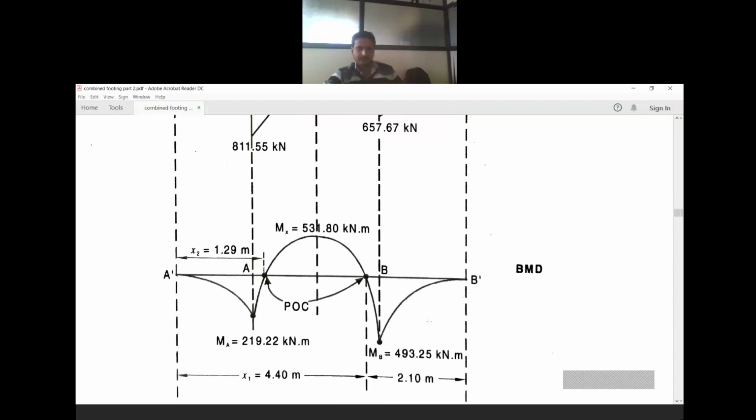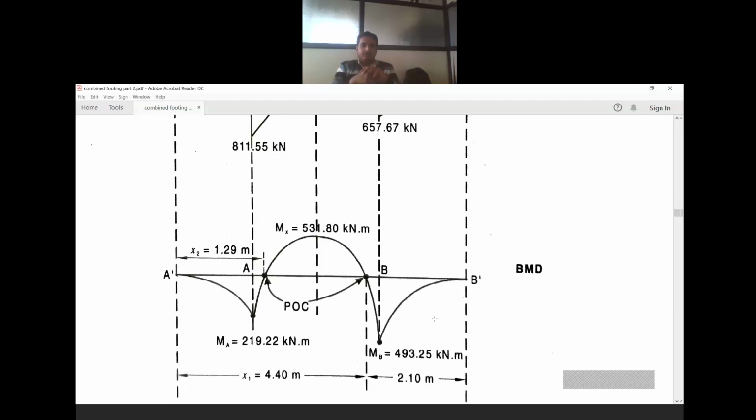After that, you will have this type of bending moment diagram. At column A, the bending moment is 219.22 kilonewton meter. At column B, you have 493.25 kilonewton meter.